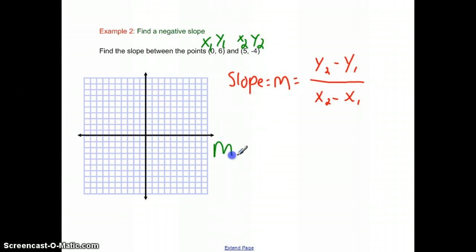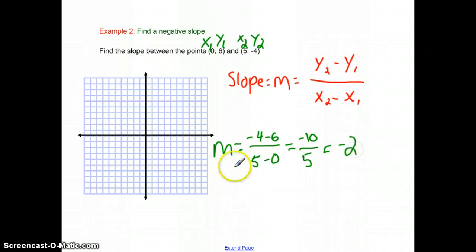So all I'm going to do now is take that slope formula and plug the values in. y2 is -4. y1 is 6. x2 is 5. x1 is 0. We simplify the numerator. -4 minus 6 is -10. The denominator, 5 minus 0, is 5. -10 divided by 5 is -2.